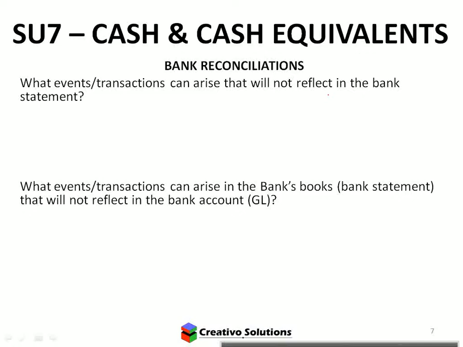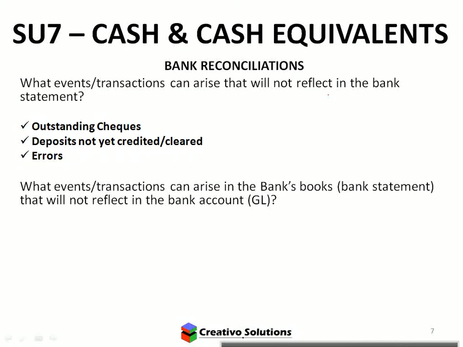It might take a few hours, and it'll probably only reflect the next business day, which is the 1st of September. So if you're getting your statement for end of August, you're not going to see that deposit on the 31st of August. So that's called an outstanding deposit.